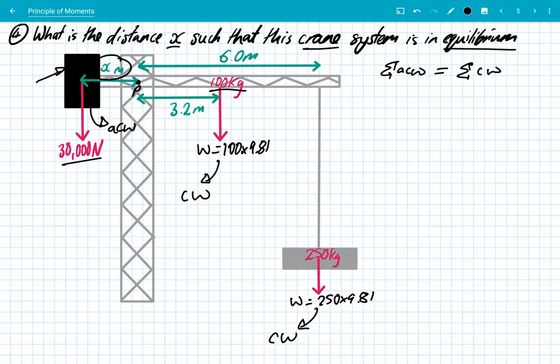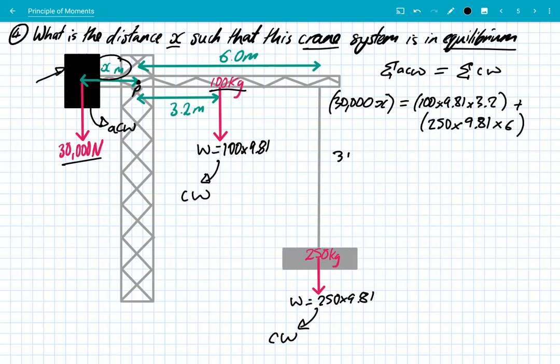So we can simply say 30,000x is equal to 100 times 9.81 times by 3.2 plus 250 times 9.81 multiplied by 6.